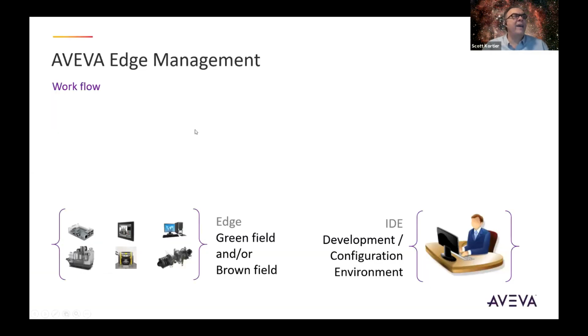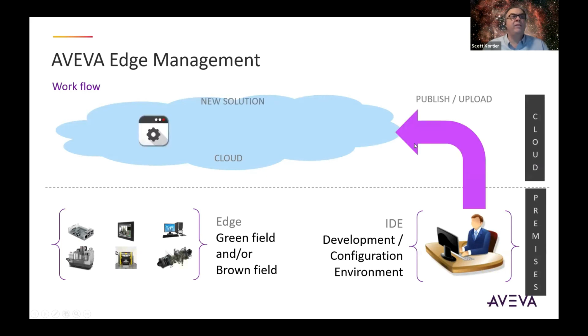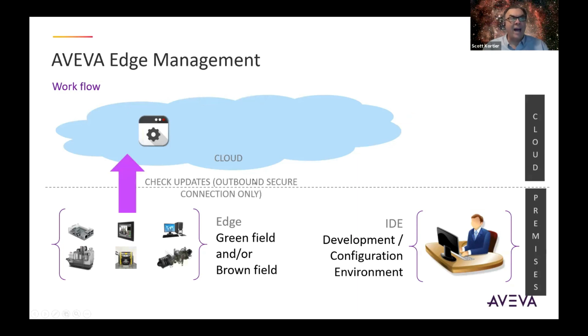So what we've done is we've added this technology called AVEVA Edge Management. Like I've shown in the past, where you had to connect point to point, now you have the ability to publish your project to the cloud, and your different devices have the ability to have an outbound secure connection. That's important to understand, because an outbound connection is just inherently more secure.